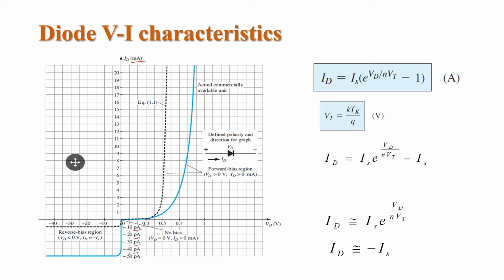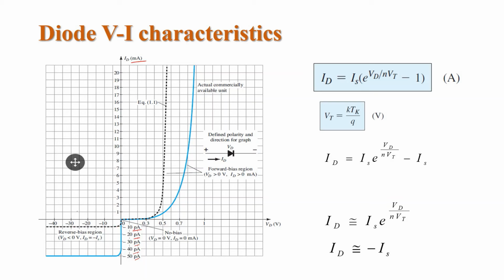What is meant from this is that whatever reverse current flows through the diode in the reverse bias condition is a very small current, because it is contributed by the minority charge carriers. So the reverse current is going to be very small for a great range of negative VD values. Mostly the current is the saturated current, which is the reverse saturation current.